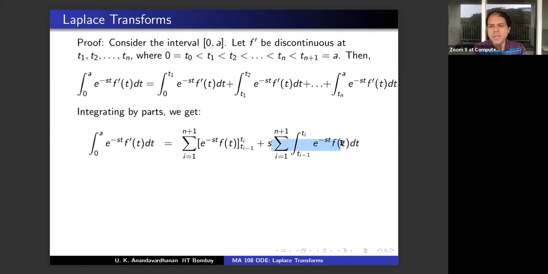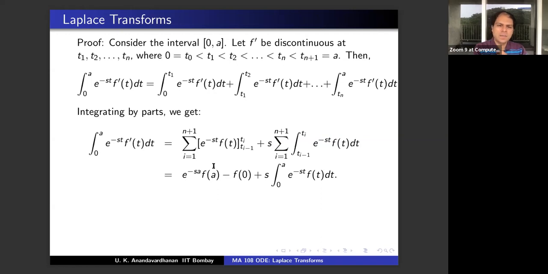But this is the Laplace transform, no? This is the Laplace transform of f in the limit. So this is s times the Laplace transform of f. And what are you getting here? You are getting e^(-s t(n+1)) f(t(n+1)), minus e^(-s t(n-1)) f(t(n-1)), minus etc. All that when you put together, you will get e^(-sa) f(a) minus f(0).